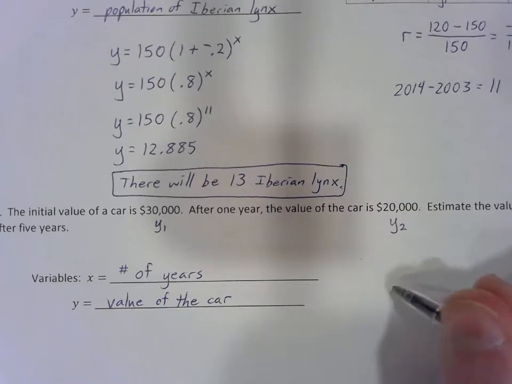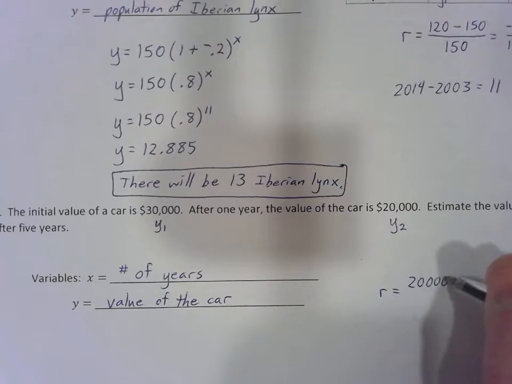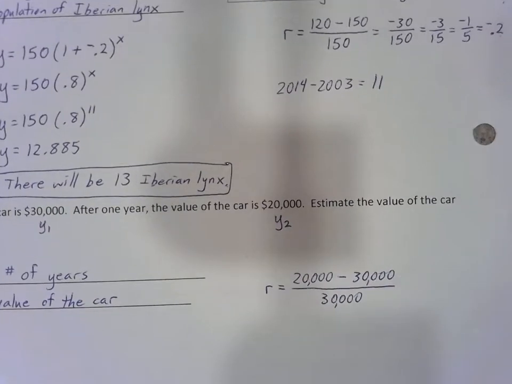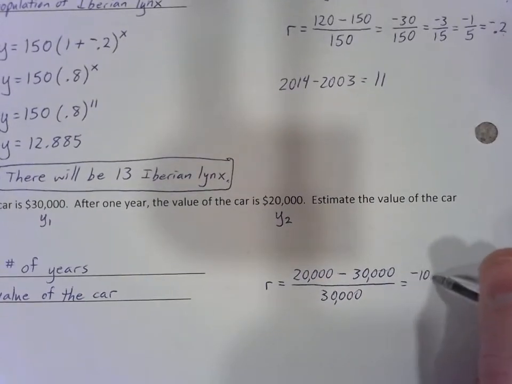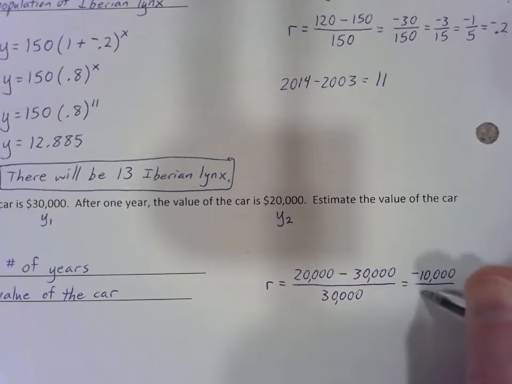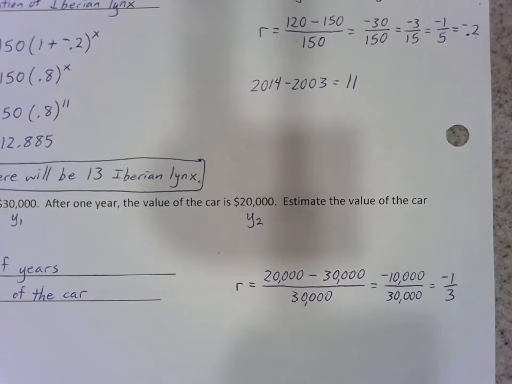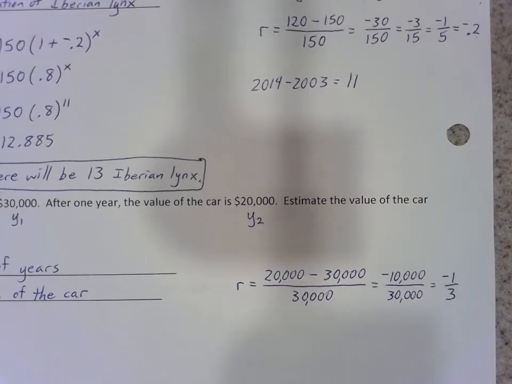So R is going to equal Y2, 20,000, minus Y1, 30,000, divided by Y1, 30,000. 20,000 minus 30,000 is negative 10,000. And negative 10,000 divided by 30,000 is negative 1/3. So that's my R value.